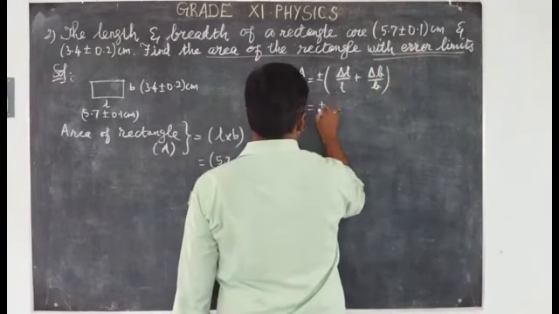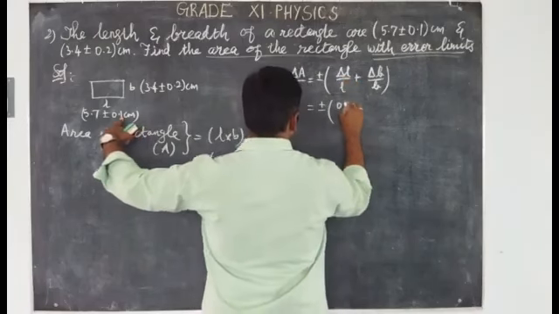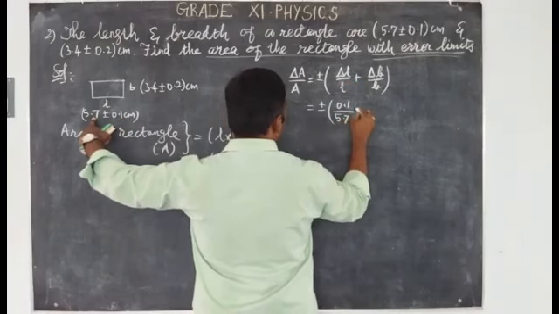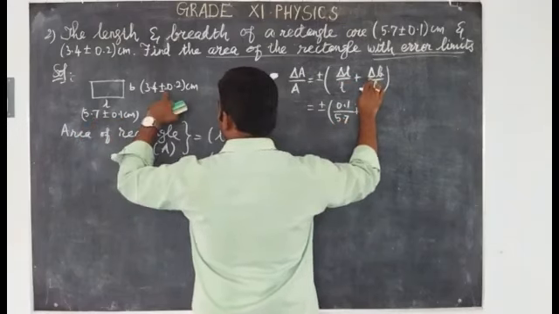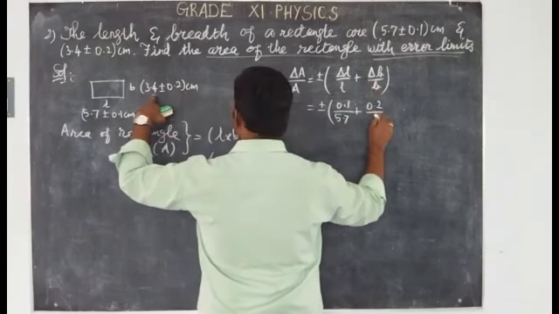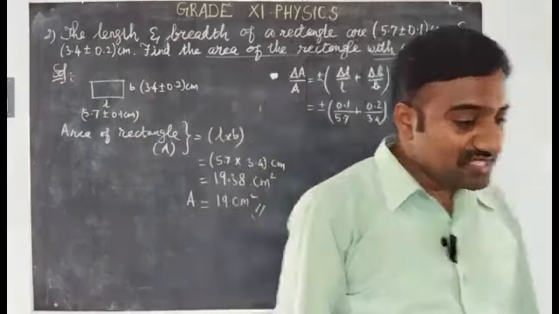So plus or minus, the length error is 0.1 by the length 5.7, plus the breadth error 0.2 divided by the breadth 3.4.